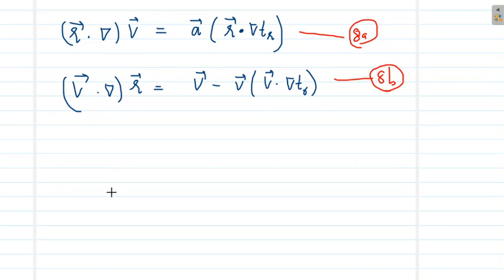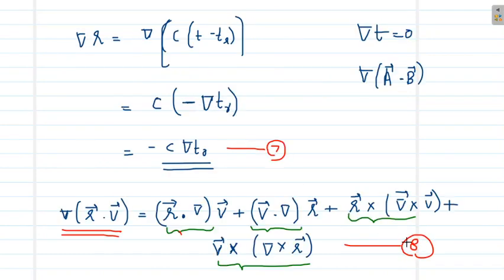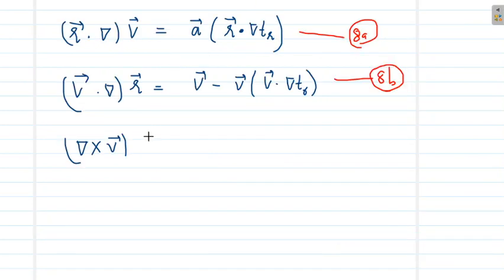And del cross v bar, which we have to substitute into equation 8 as the third term: if you take del cross v bar, you can find that to be equal to minus a bar cross del tr.